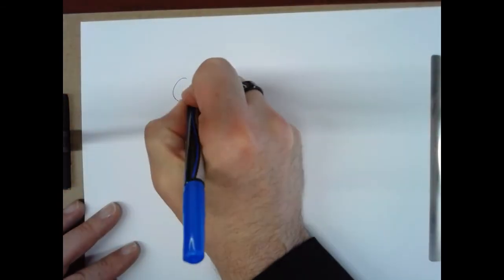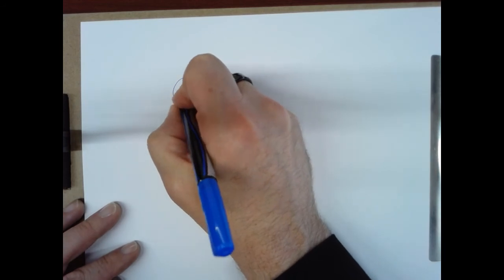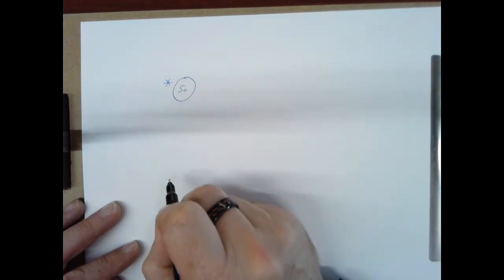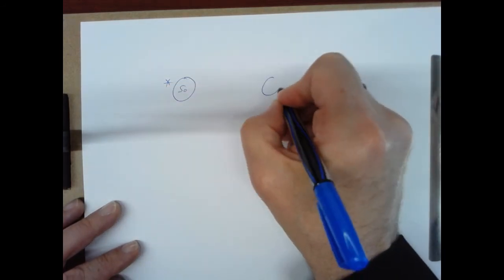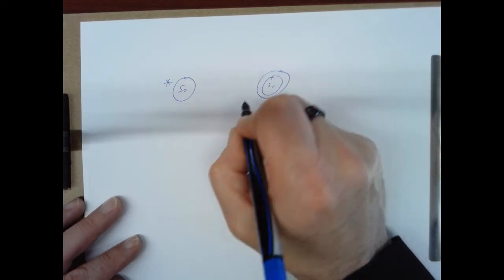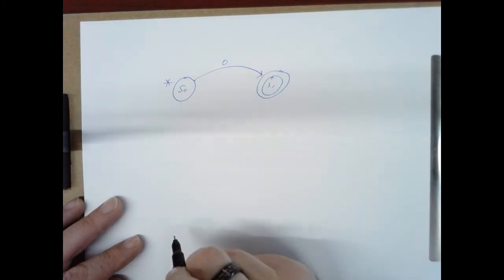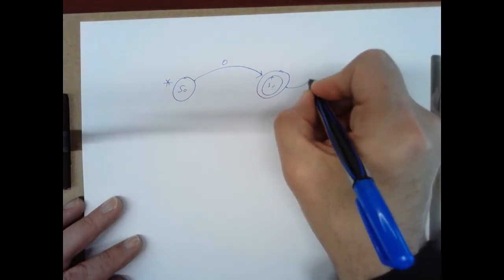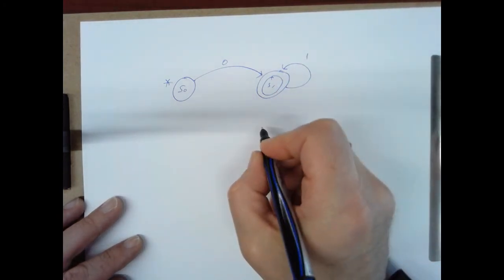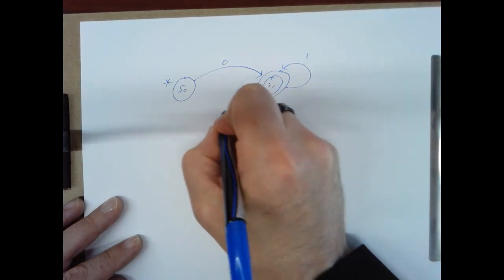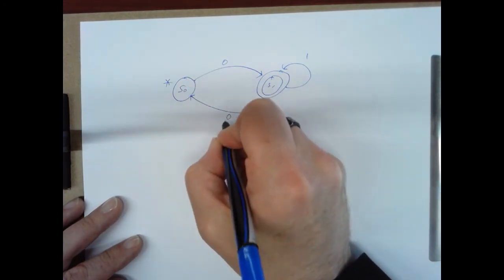All right, let me show you one more. So this is our starting state. Here's our recognized state. There's a 0. There's a 1. There's a 0.